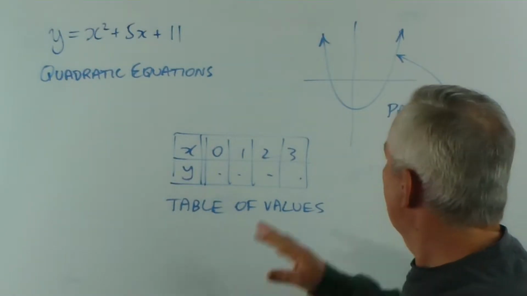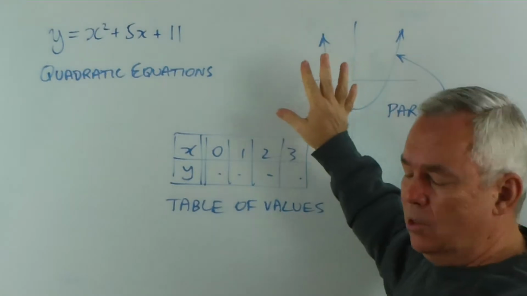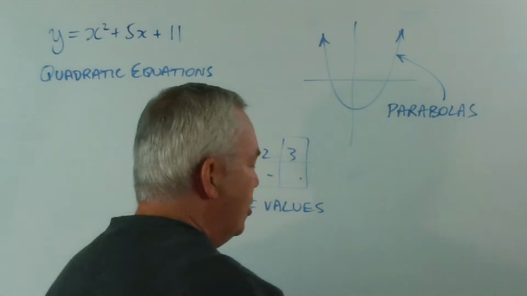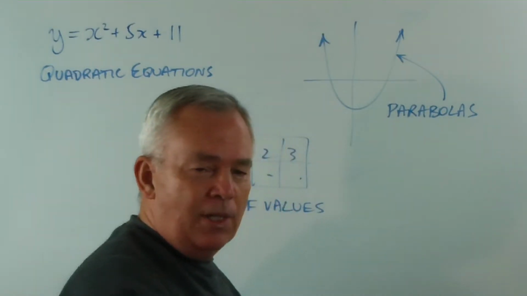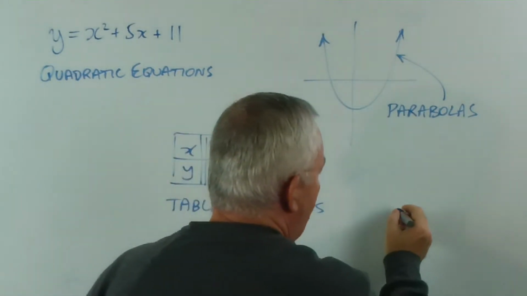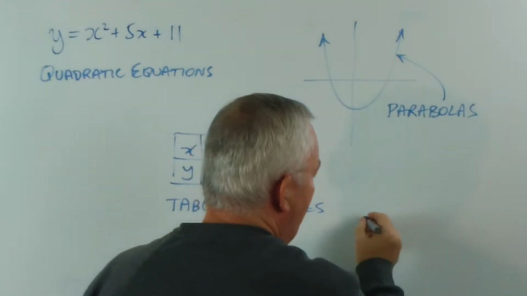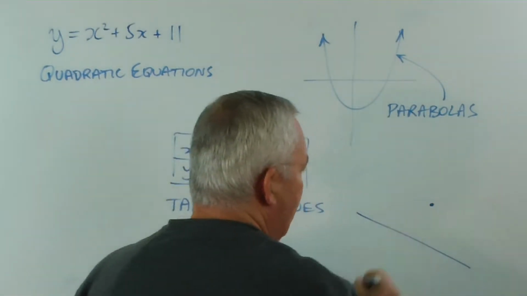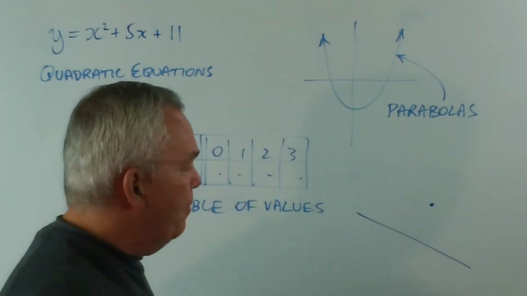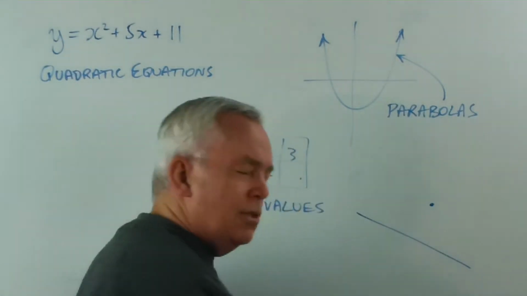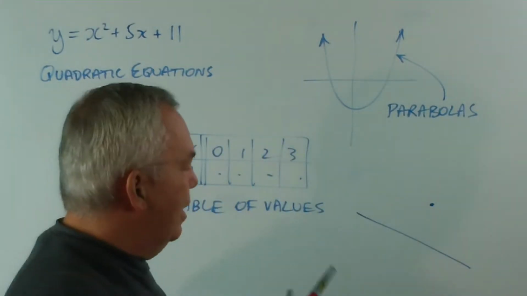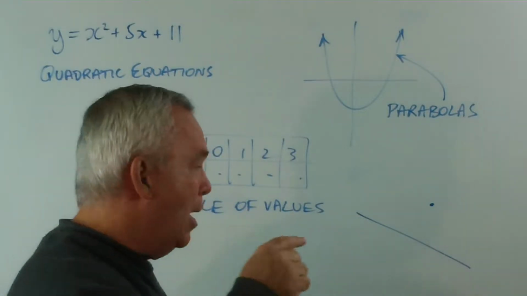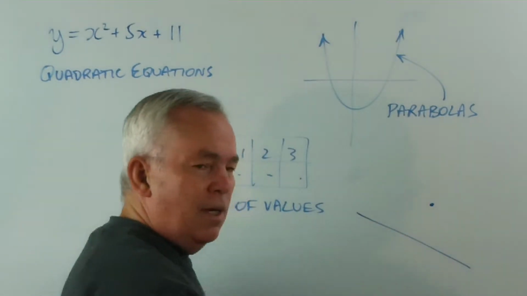The first thing to describe is not so much why they're called parabolas, but what a parabola is. I'm going to show you in much more detail in a later video, but a parabola is defined in this way. If you have a straight line and a point that is not lying on the line, you ask yourself the question, where are the points that are the same distance away from that point as they are from the line?